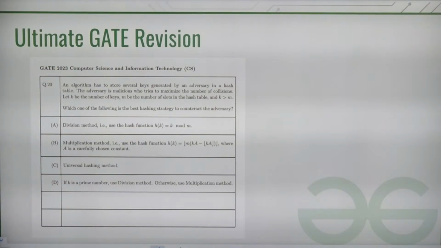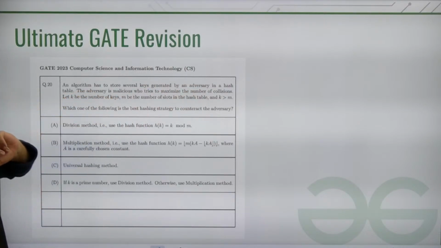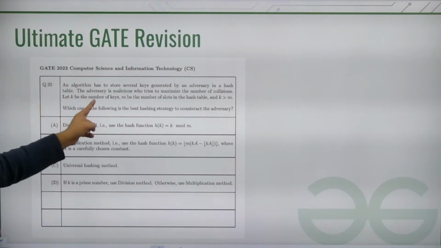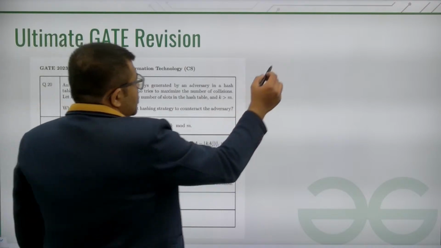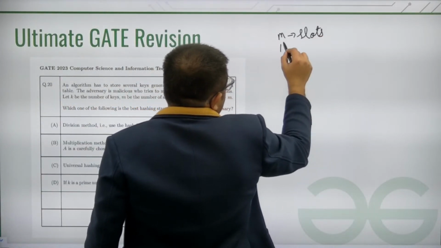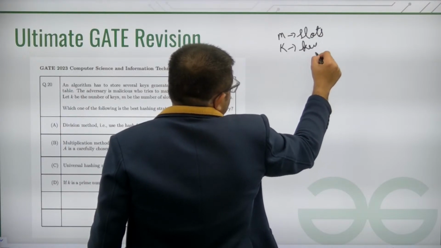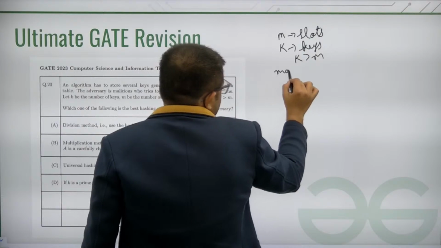Okay. So here what it is said, an algorithm has to store several keys generated by an adversary in a hash table. So we need to store some keys in the hash table. The adversary is malicious and tries to maximize the number of collisions. Let k be the number of keys, m be the number of slots in the table, and k is much greater than m, and the person is also malicious.